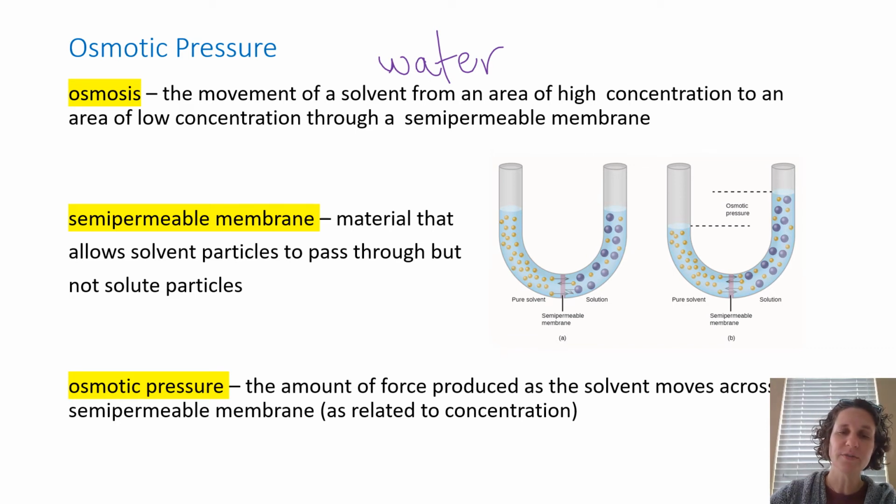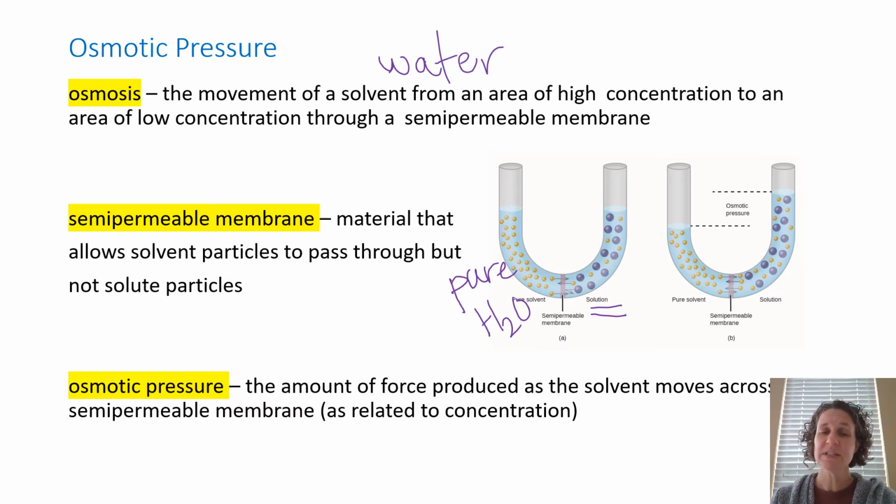So I'm going to put pure H2O on this side, and then over here, this is where you have the solution. So what happens is there's more water over here. So here is all the water, and water, because of osmosis, will move to an area of less water, in order to try and balance everything out, or at least balance the water concentration.